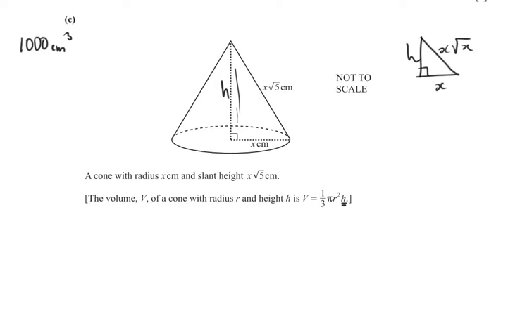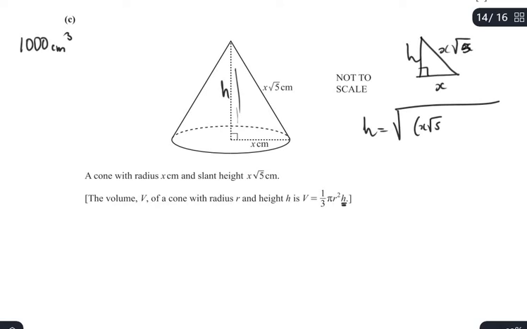So the height, because it's one of the shorter sides, would be the difference of these two sides squared. So it's x root of 5 squared minus x squared. If you remember your Pythagoras theorem very well, if you're not familiar, you can check my previous videos that were explaining that.